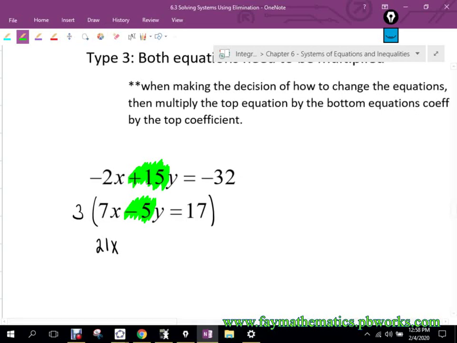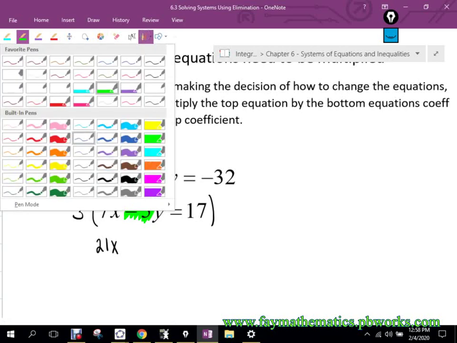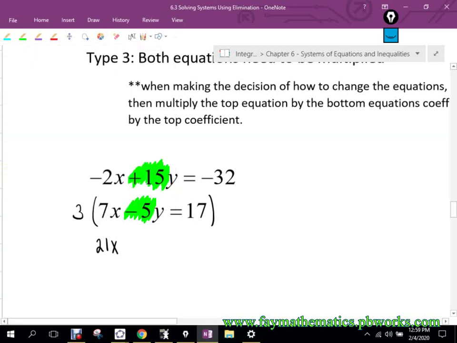If I multiply, so I'm multiplying by 3 here, it's going to be 21x, negative 15y, and 51. Does that make sense? Okay. So when I add straight down, negative 2x plus 15y equals negative 32 doesn't change.